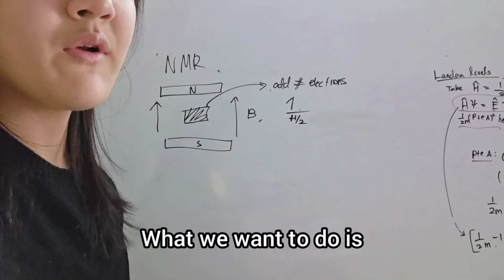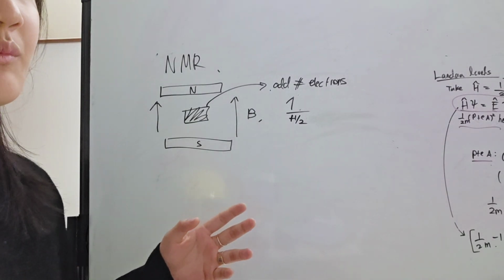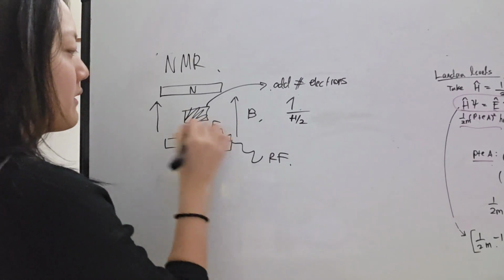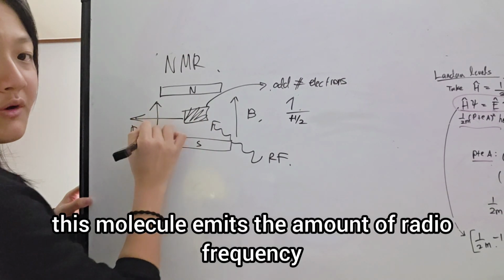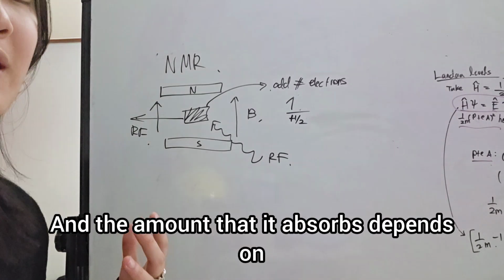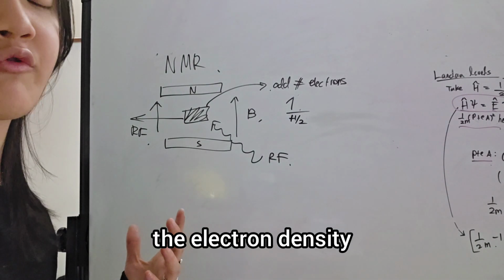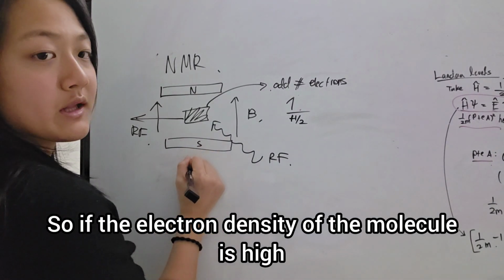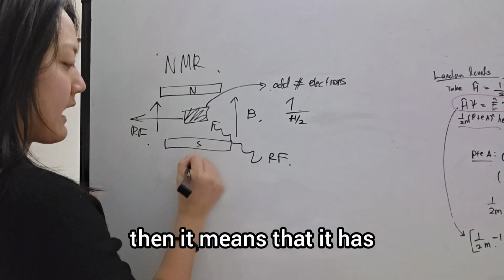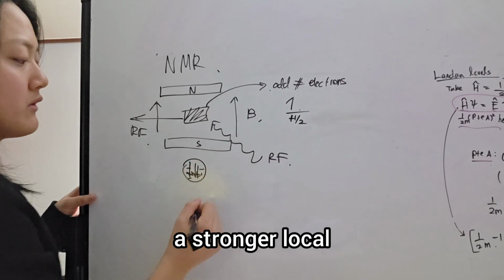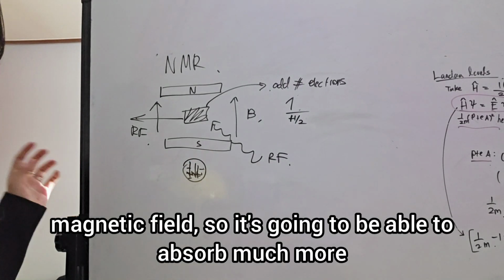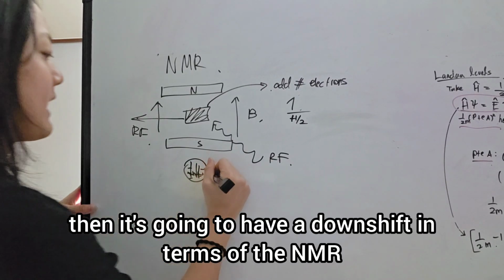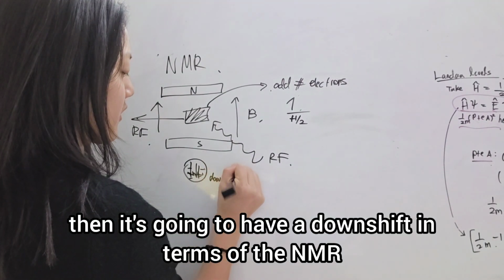Now, what we want to do is give it some radio frequency, some RF frequency, such that this molecule emits the amount of radio frequency that it absorbed. And the amount that it absorbs depends on the electron density. So if the electron density of the molecule is high, then it has a stronger local magnetic field, so it's going to be able to absorb much more. If it's absorbing much more, then it's going to have a downshift in terms of the NMR.